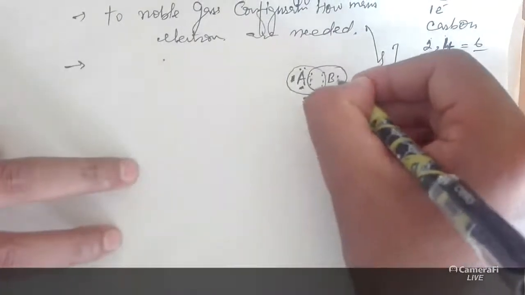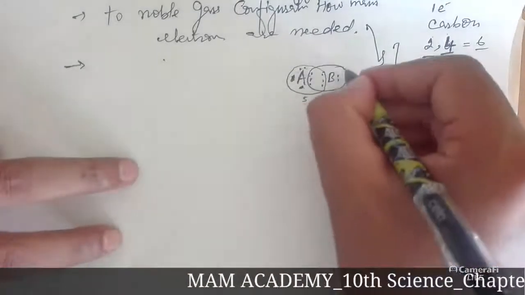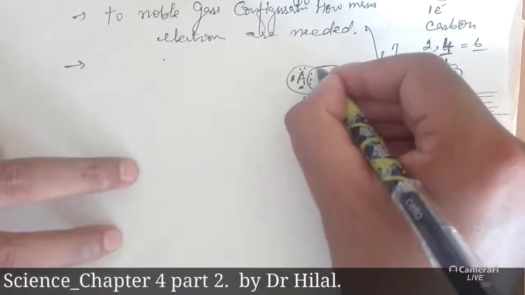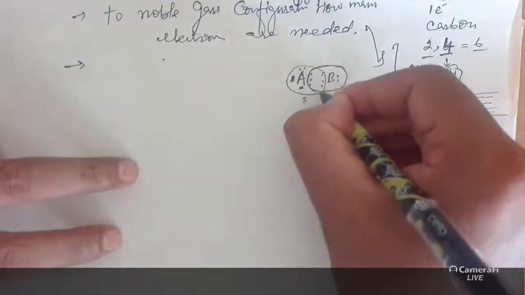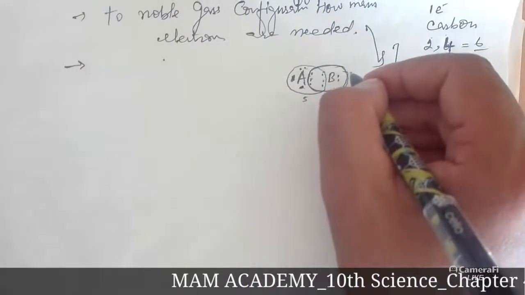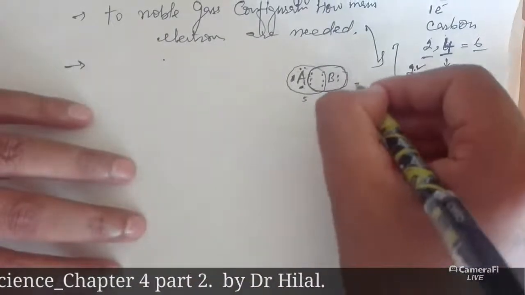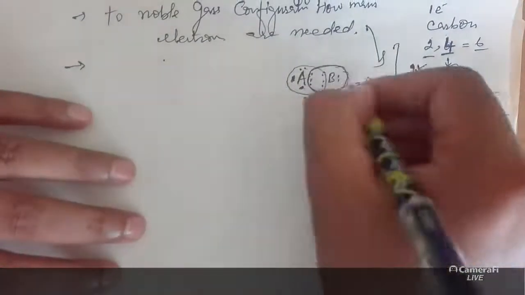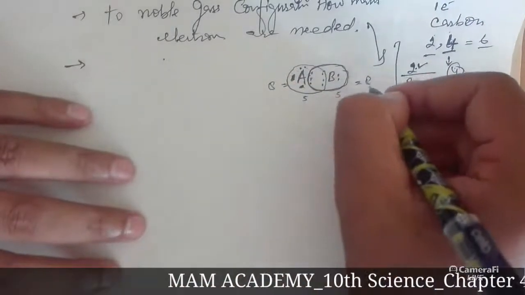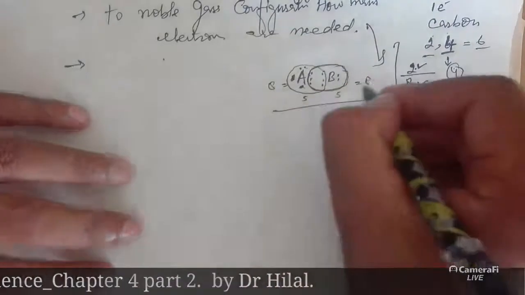B also has 5 electrons in its outermost shell. So we will share the electrons between A and B in such a way that A attains the noble gas configuration, that is, the number of electrons in its outermost shell should be 8 here, and B should also have 8. That is the noble gas configuration. So we have to make it.